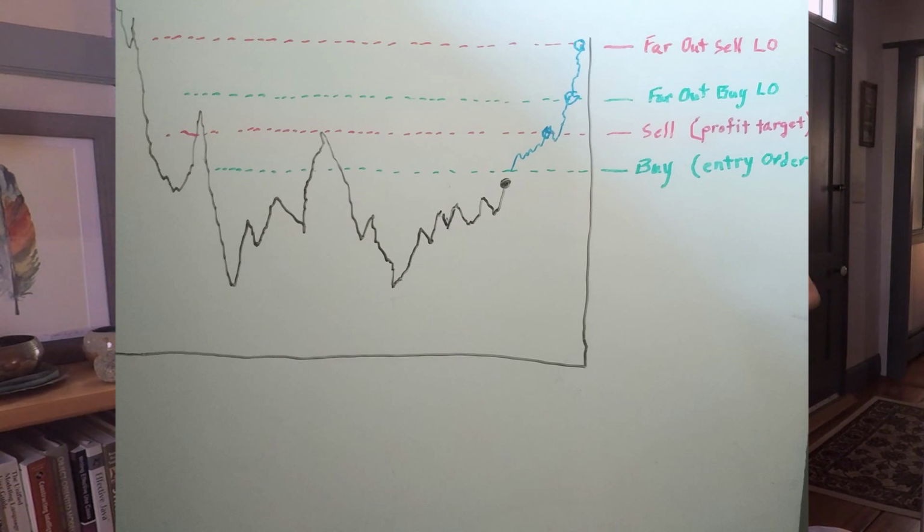This could be a daily chart, could be a 5-minute chart, doesn't make any difference what it is. But there's some structure out there that would indicate setting a sell, which would be a far out sell limit order. Now you notice that the condition of calling it a far out buy limit order and a far out sell limit order is the fact that I've closed the initial trade.